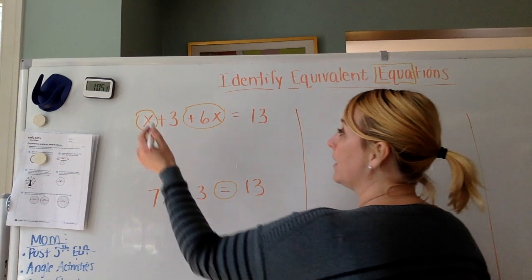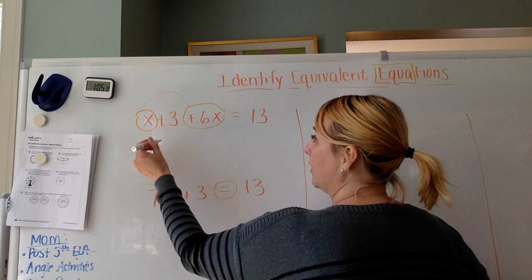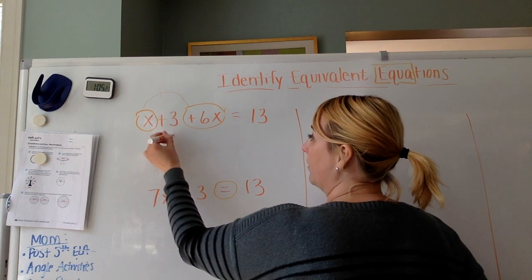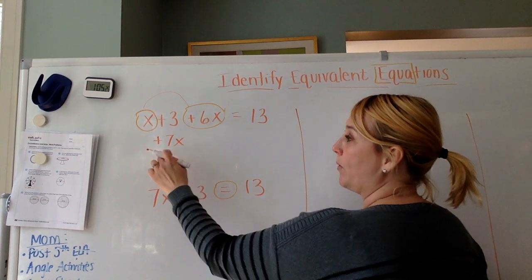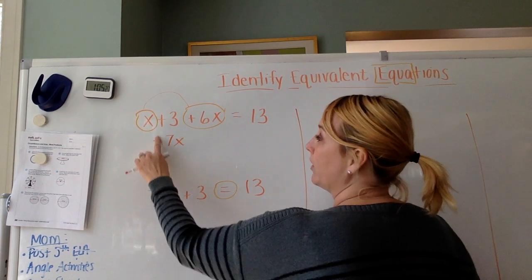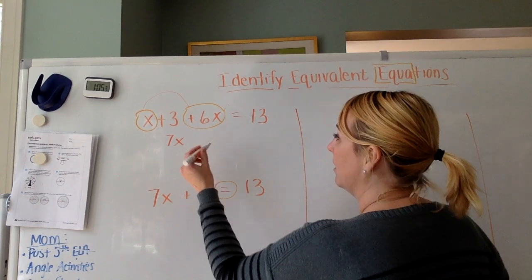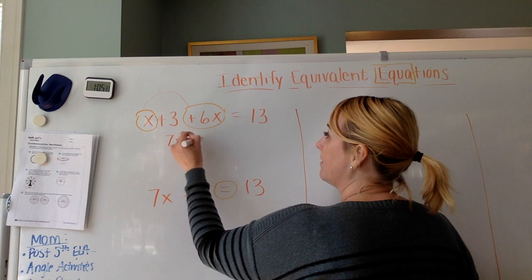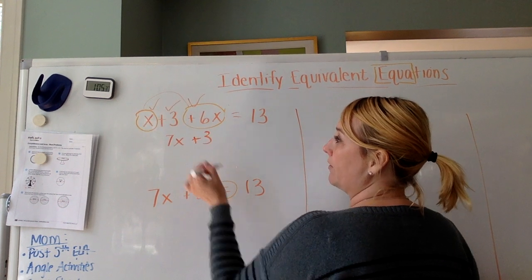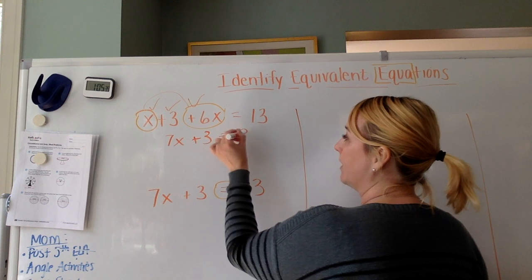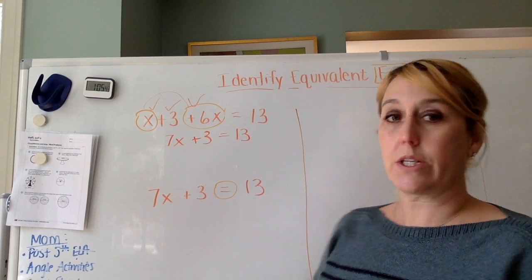I can combine these. 1x plus 6x is positive 7x, but we know we don't need to write that positive sign. So I have 7x plus 3, and I'm going to check it off because I know I've written it down, equals 13. So I have 7x plus 3 equals 13.